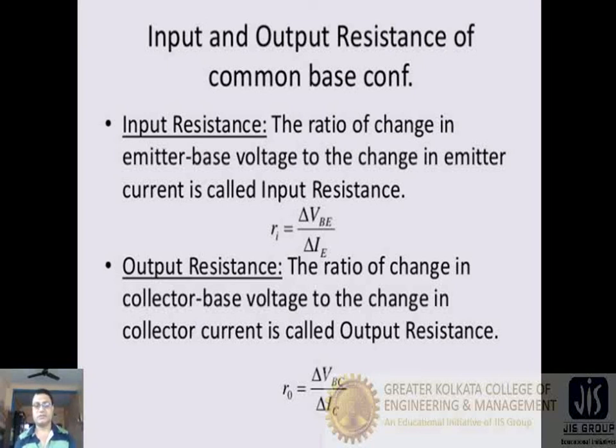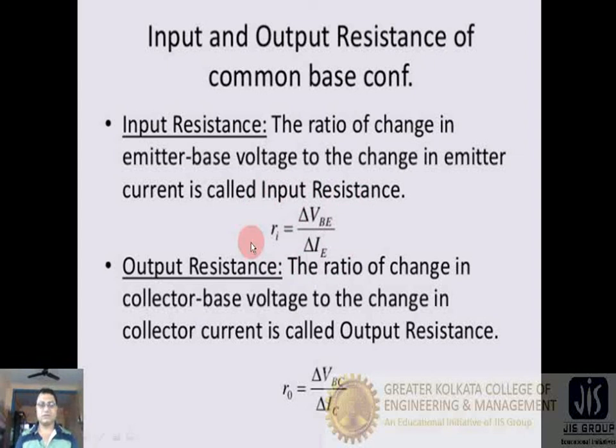Here resistance is R. If we apply Ohm's law, V equal to IR, so here R equal to V by I, where R is the input resistance, VBE is the input voltage, and IE is the input current. So in this way we can find out the input resistance of the common base configuration.